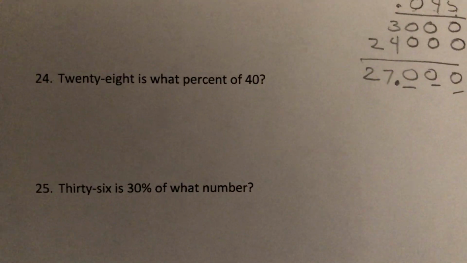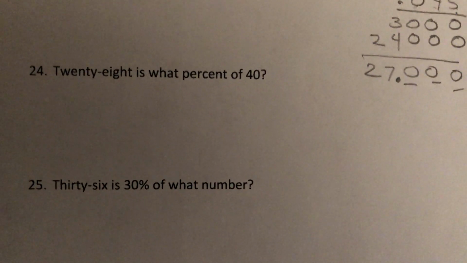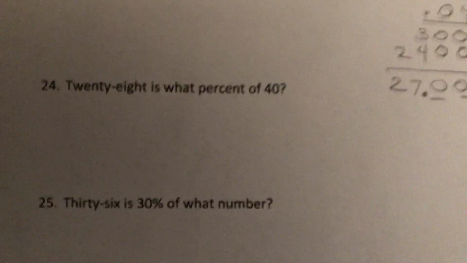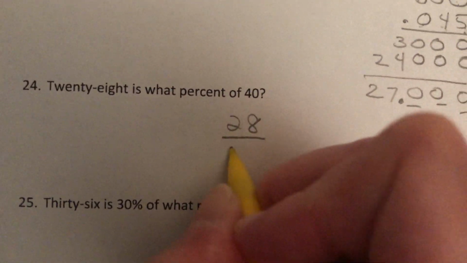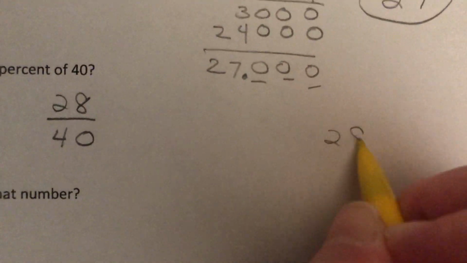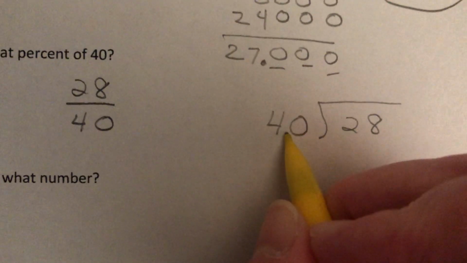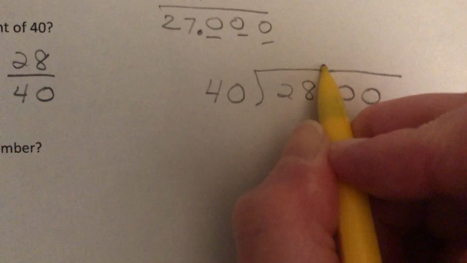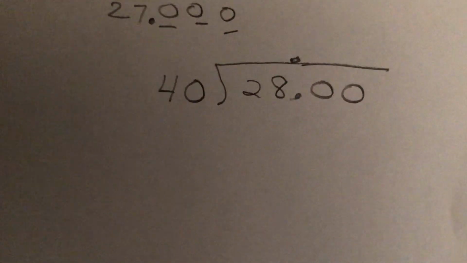Okay, 28 is what percent of 40? So a percent you can think of as a part divided by a whole. So I have the part, 28, divided by the whole, which is 40. So go ahead and do that. 28 divided by 40. So notice when you take the part divided by the whole, the smaller number goes inside the box here. Add some zeros. We don't maybe know how many we need yet.